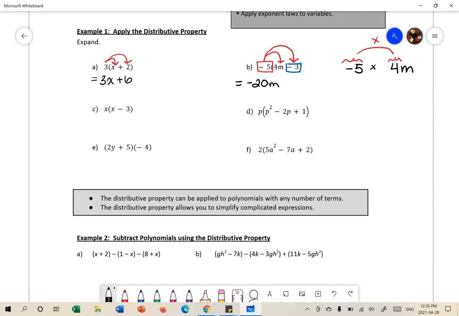It does not have a variable in that term. But 4m has variable m. We can pretend that there is an invisible 1 beside the constant -5 to represent a variable that doesn't exist there, and we can multiply that 1 by m. So 1 times m is m.